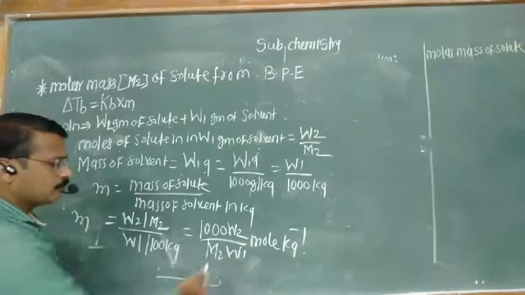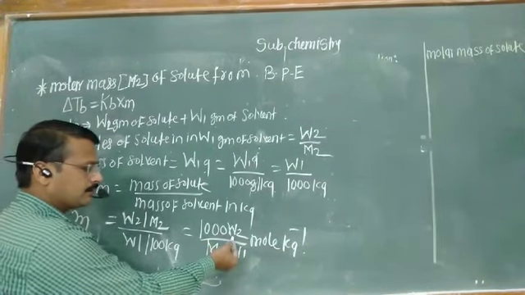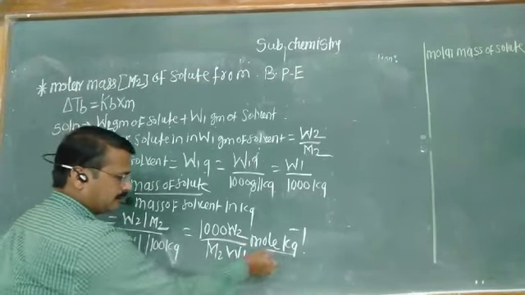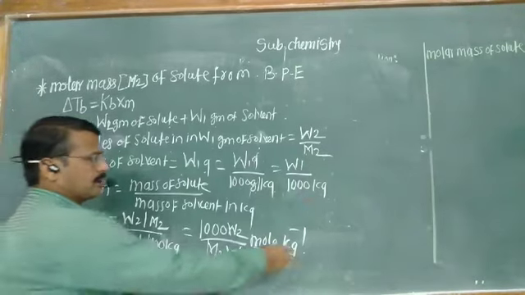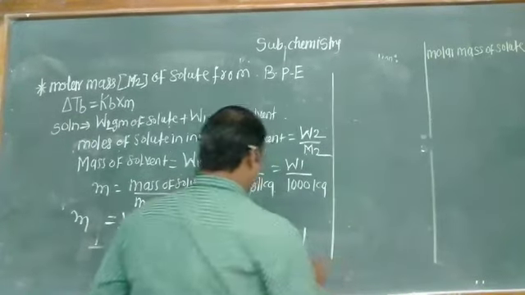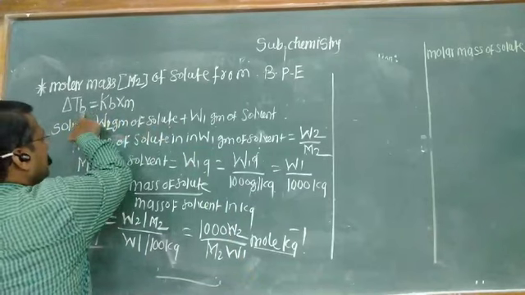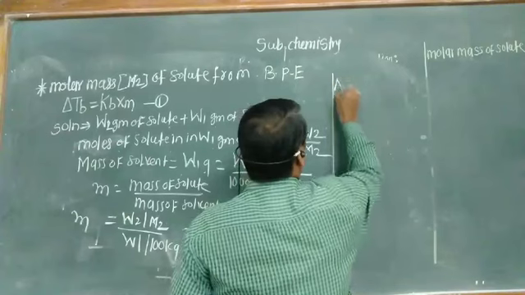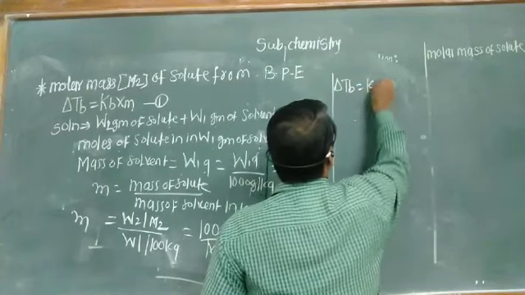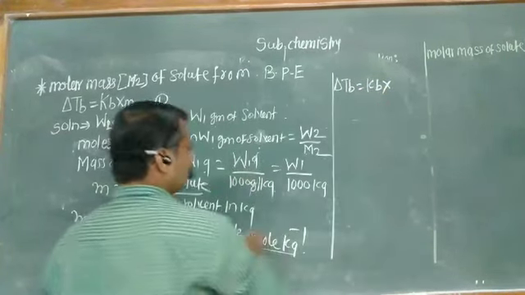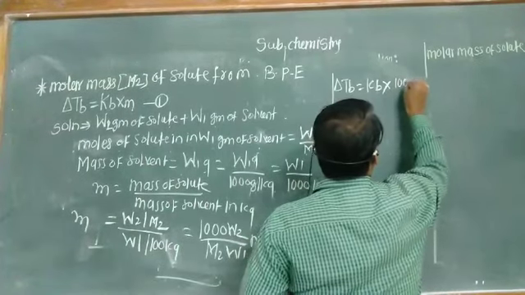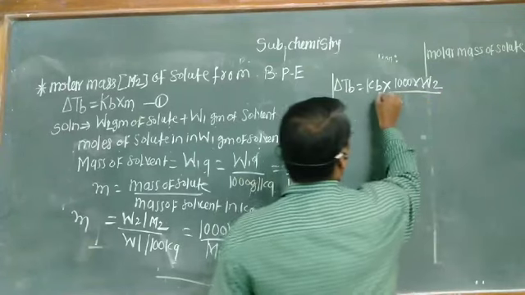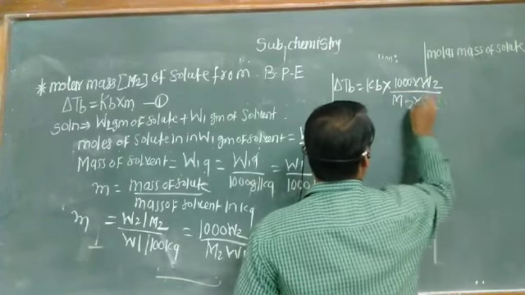By simplification, we get 1000 W2 divided by M2 into W1, the unit being mole per kg. Putting this value of m in equation number one, delta TB is equal to KB into 1000 into W2 divided by M2 into W1.